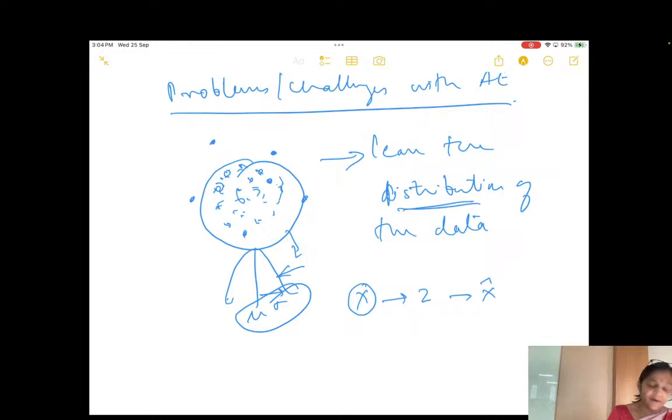So what I have observed is X, and I want to give X cap, an estimator of X. Whatever I am doing from the given sample, I estimate to maximize the likelihood of occurrence of X, which is called MLE.